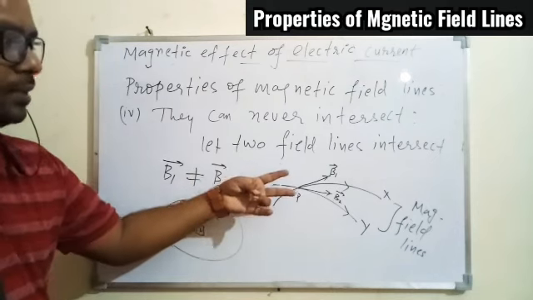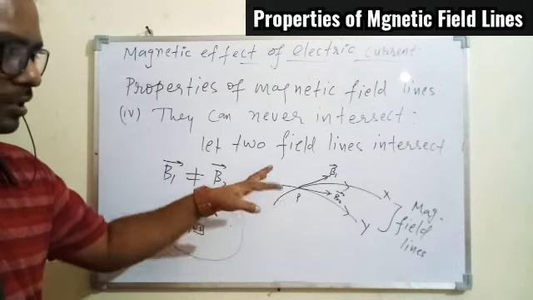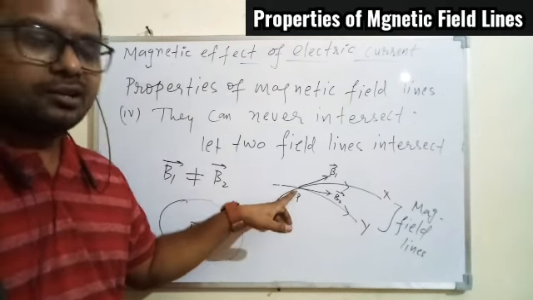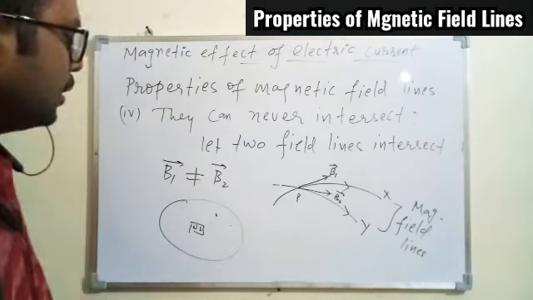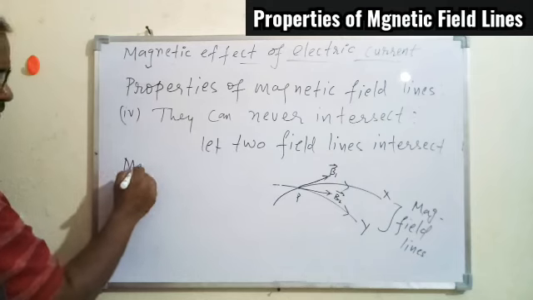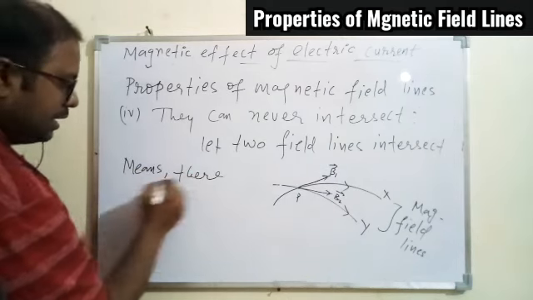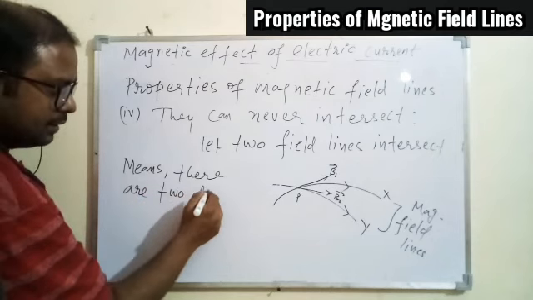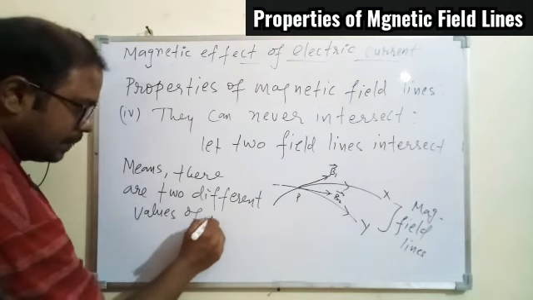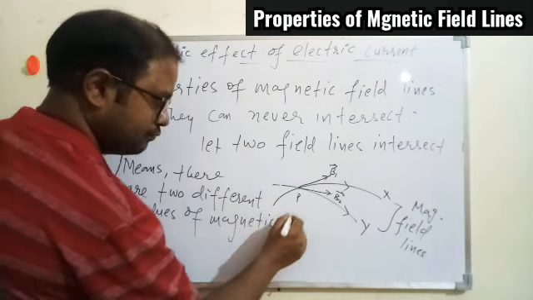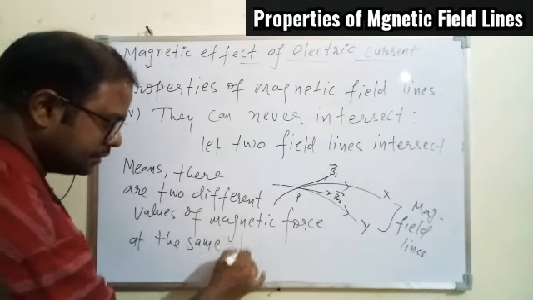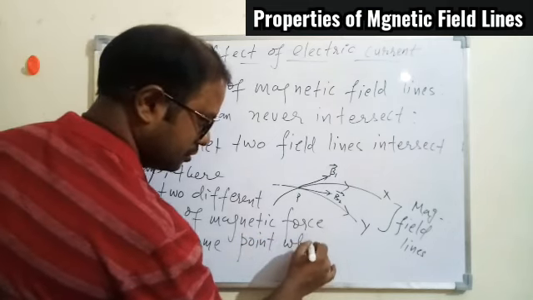So it is understood that if two magnetic field lines intersect at a point, it shows two different directions of the magnetic field strength, meaning there are two different values of the magnetic force at the same point, which is not possible, and hence they cannot intersect.